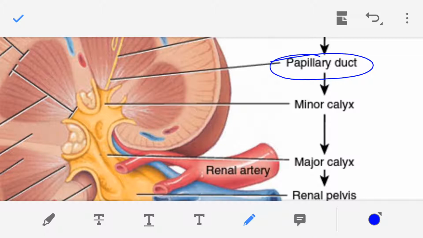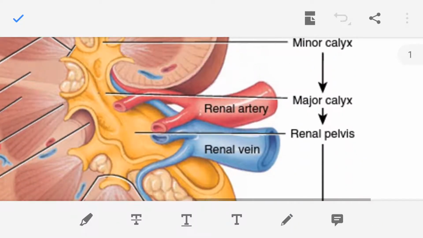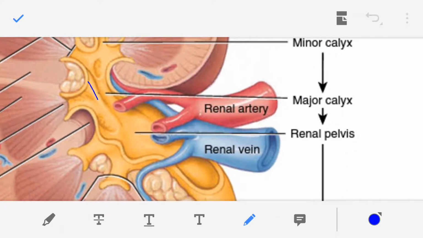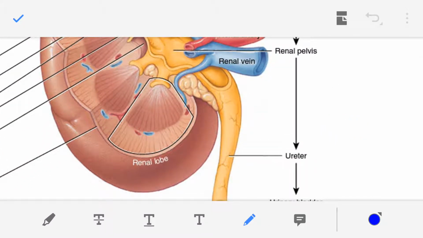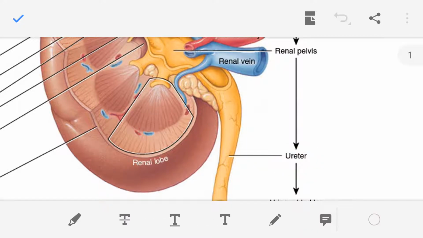Papillary duct drains urine into minor calyx, and from minor calyx the urine passes to the major calyx, then to the renal pelvis. From renal pelvis urine enters into the ureter.